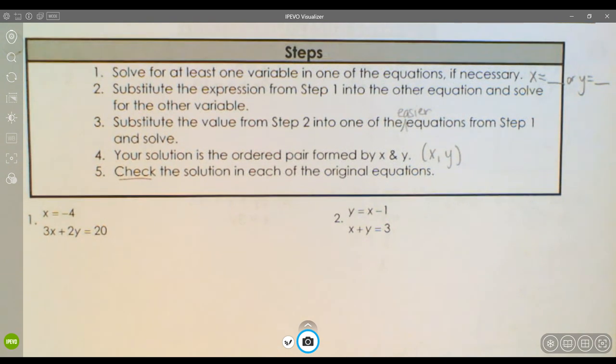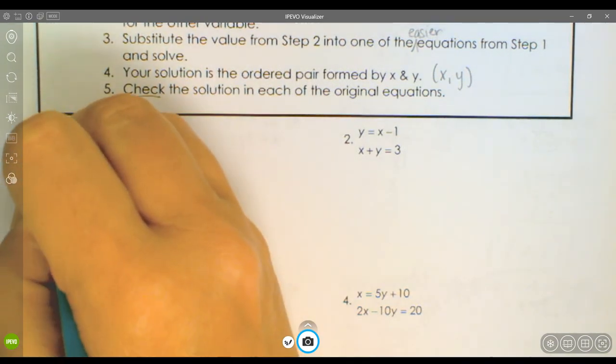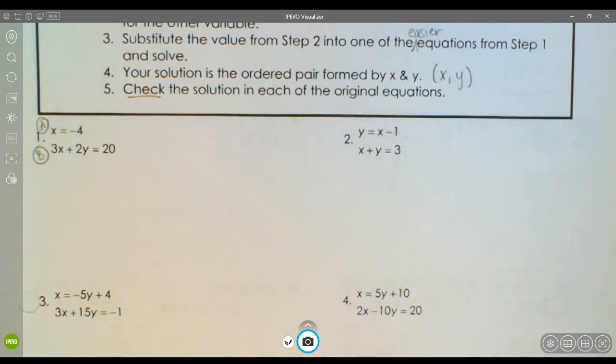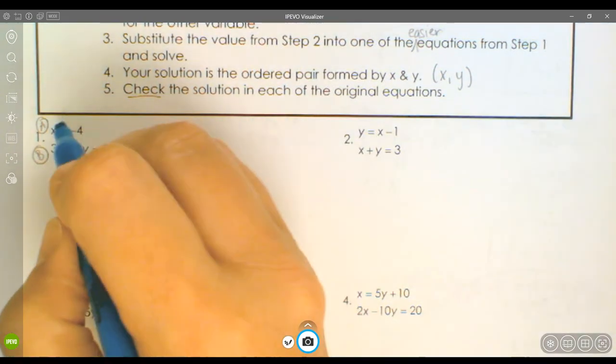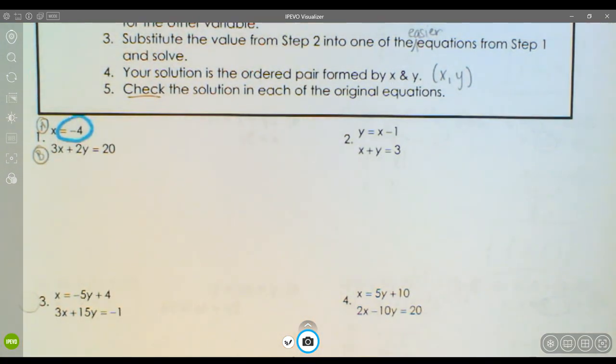So let's look at this first one, shall we? For number one, I have that x equals -4 and 3x plus 2y equals 20. And I'm going to continue my same labeling pattern here where I label these two. Step one asks me to solve for at least one variable. So if I look here, I see that the x is by itself and it equals -4.